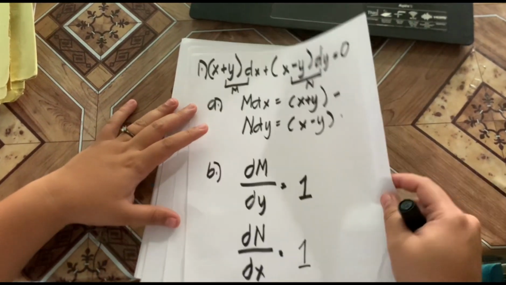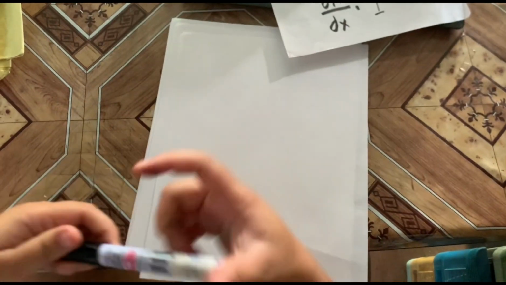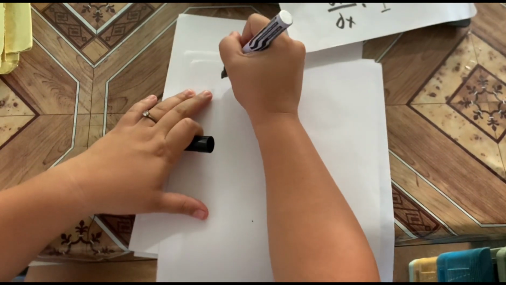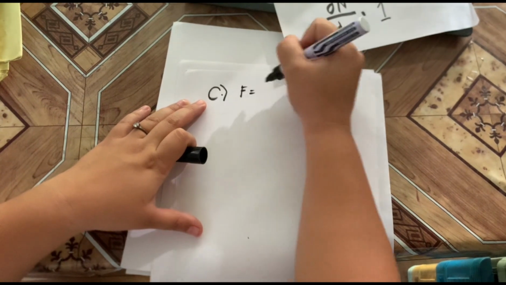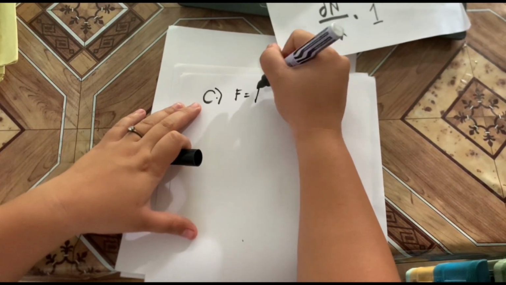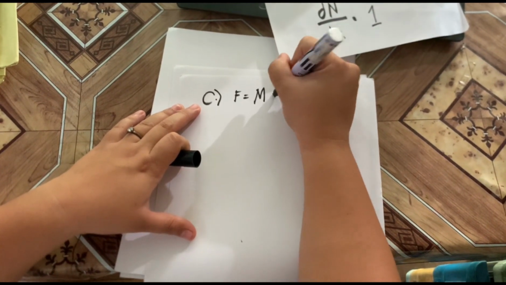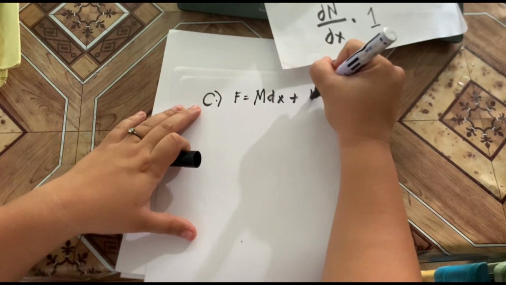Okay, for the third step, we integrate the function wherein c is equal to f, and f is equal to the integral of M dx plus t of y.